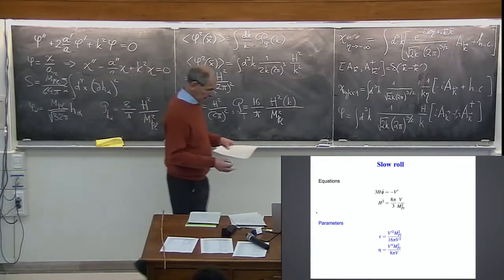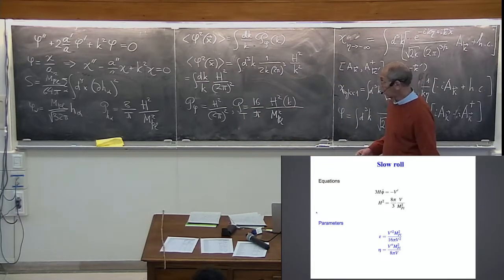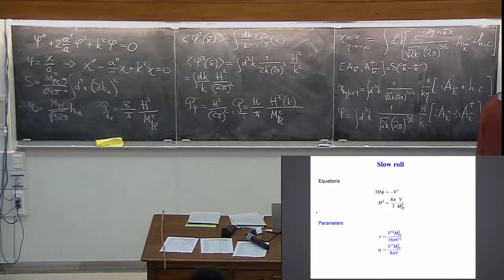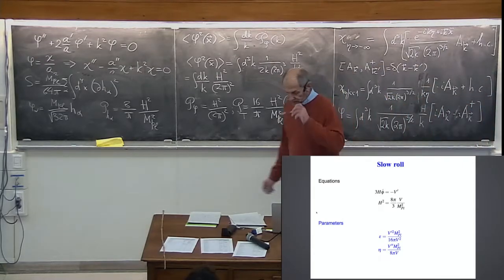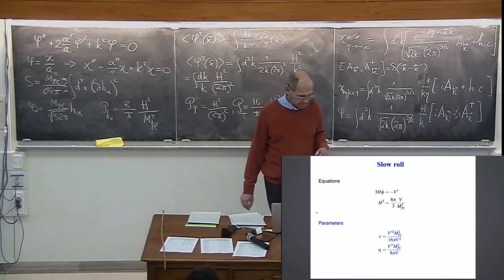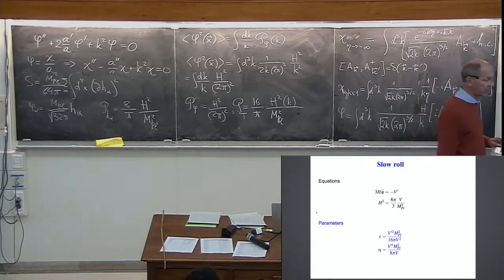So this, by the way, tells you that the tensor power spectrum is not very large, it's at most on the order of 10 to the minus 10, roughly, which tells you that the Hubble parameter is at most on the order of 10 to the minus 5 in terms of the Planck mass.